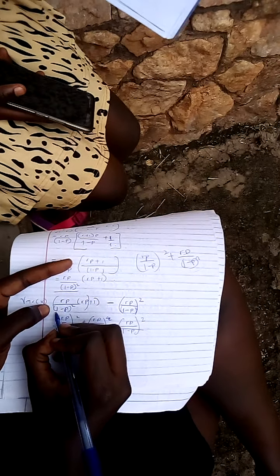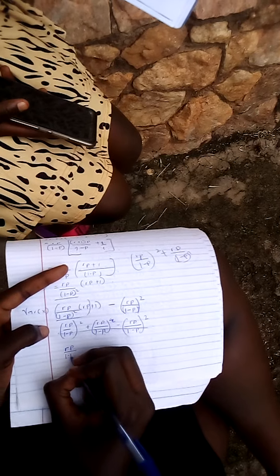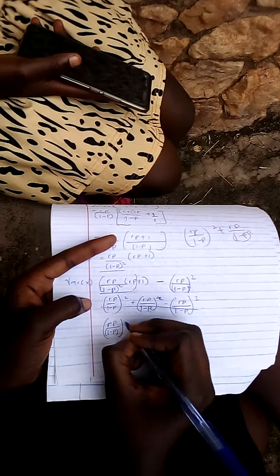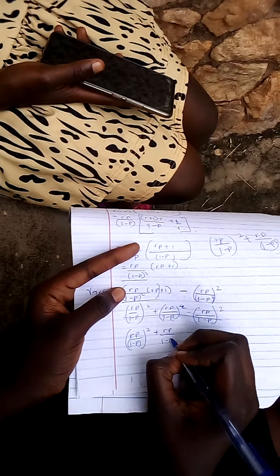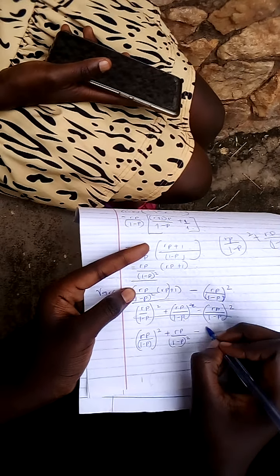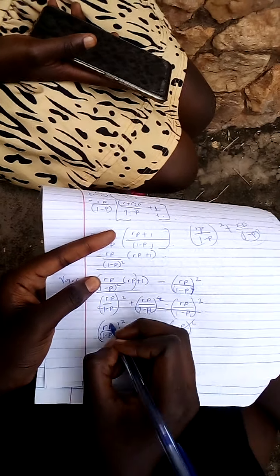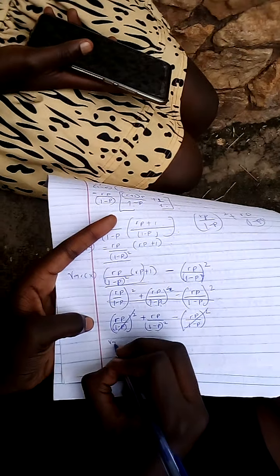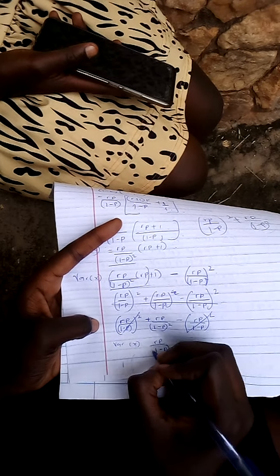When you open the bracket, we have rp over 1 minus p, everything squared, plus rp over (1 minus p) squared, minus rp over (1 minus p) squared. So this and this will go, and we have our variance as rp over (1 minus p) squared.